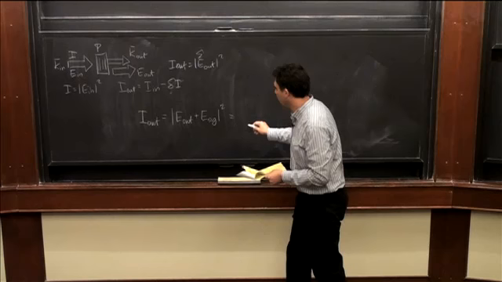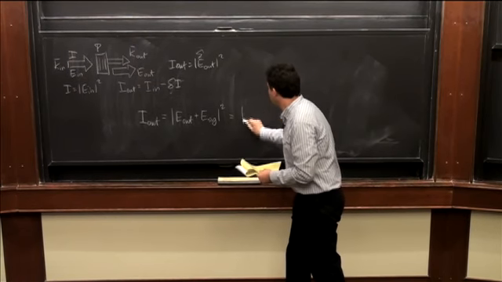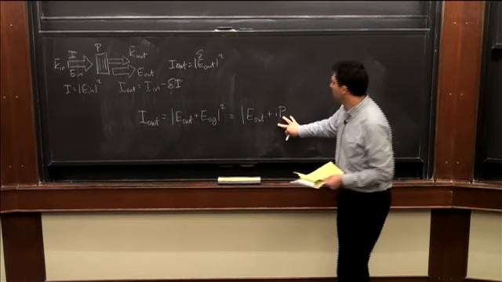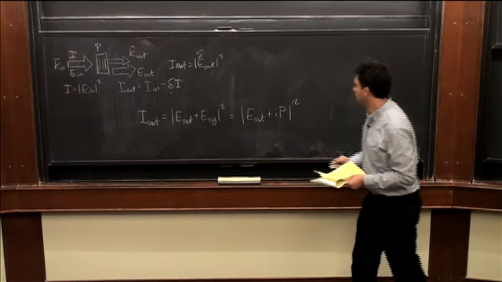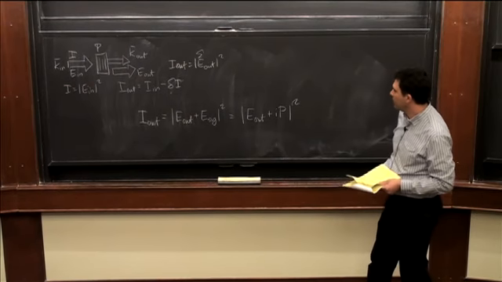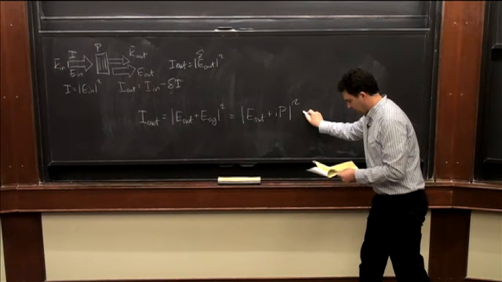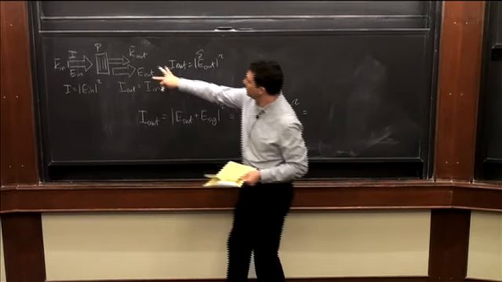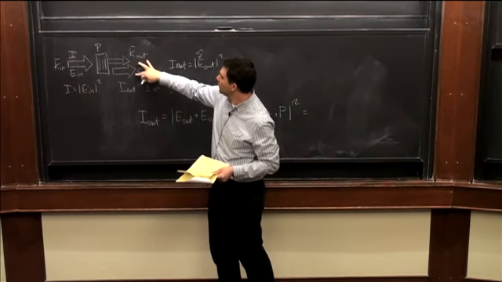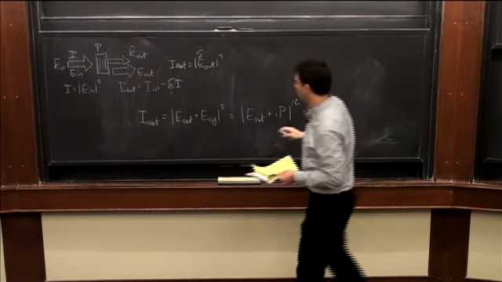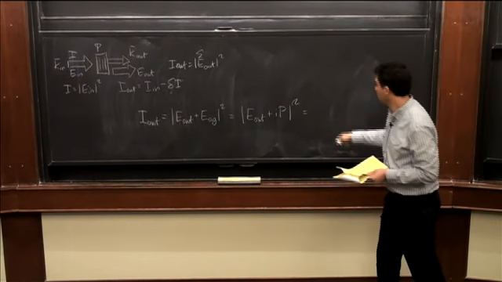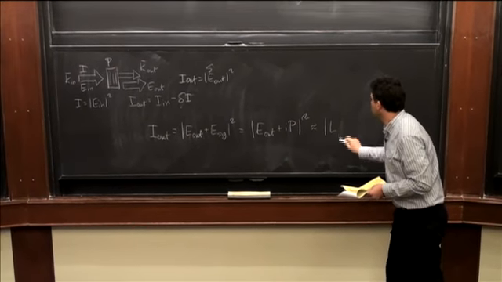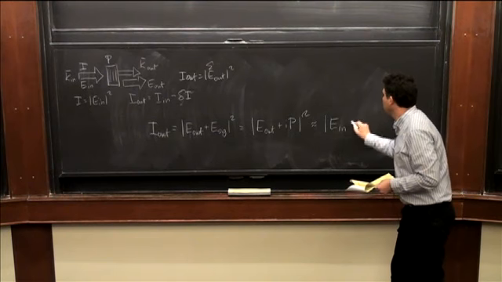So we're just going to write this now in terms of the polarization in the sample. Now we'll make the approximation that the interaction is so weak that the transmitted light field is not changed at all, that it's really identical to the incoming field, so this is approximately equal to the incident.